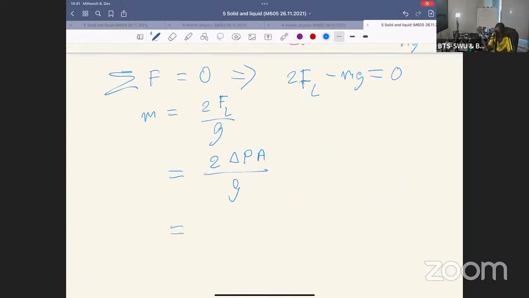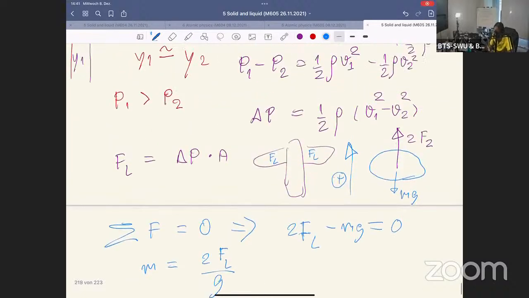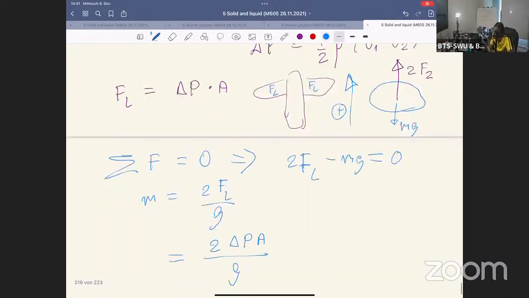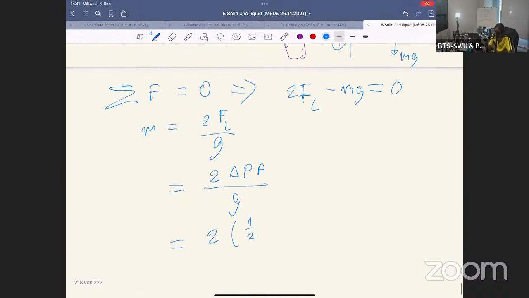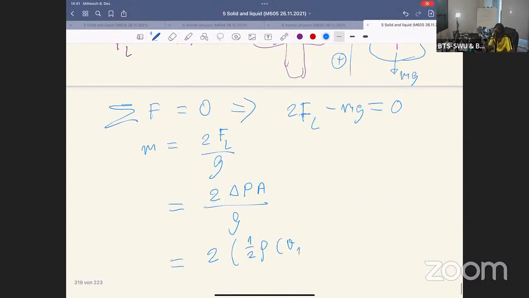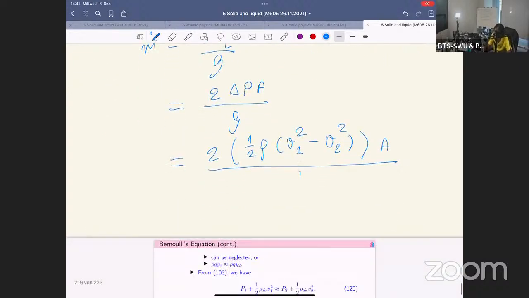So this is 2 and 1/2 rho, V1 square minus V2 square, in the big parenthesis, and you also have division by g.